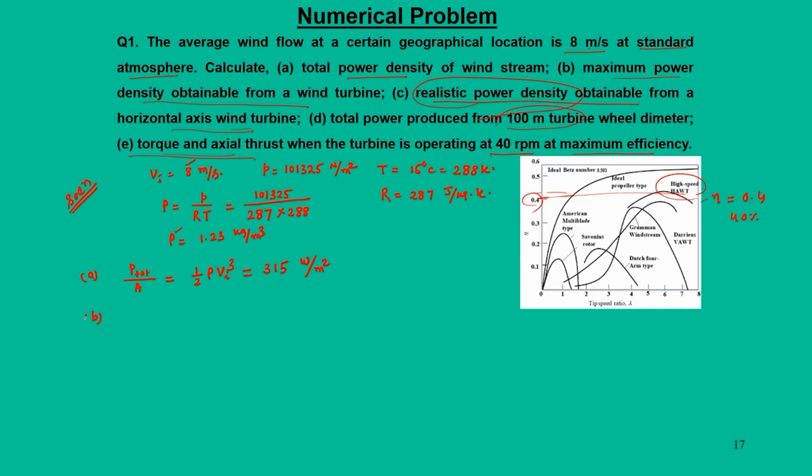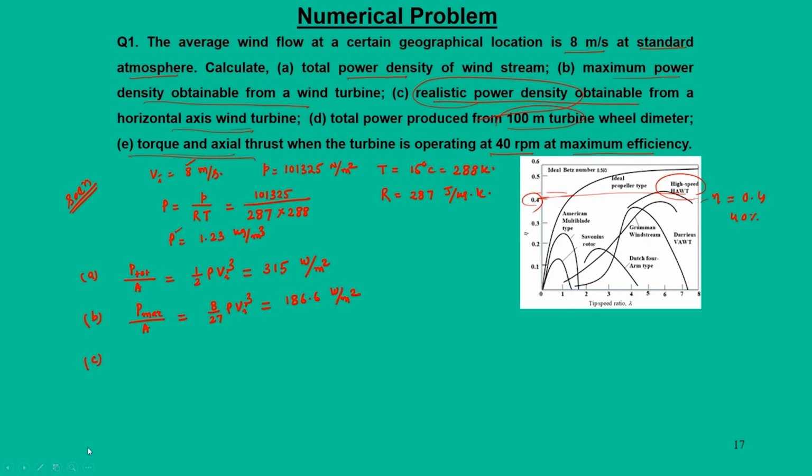Second term, we say what is the maximum power density, that is P max by A, putting Betz limit, and that is 8 by 27 rho Vi cube. So, this number turns out to be 186.6 watt per meter square.